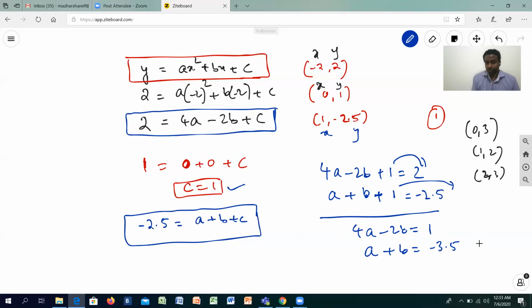So I'm going to multiply the second with 2 so that my coefficients of the b term become equal. When I'm doing it with 2, this will become 2a plus 2b, and the right side upon multiplying with 2 will give me negative 7.